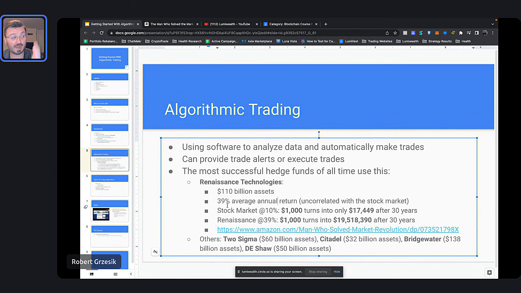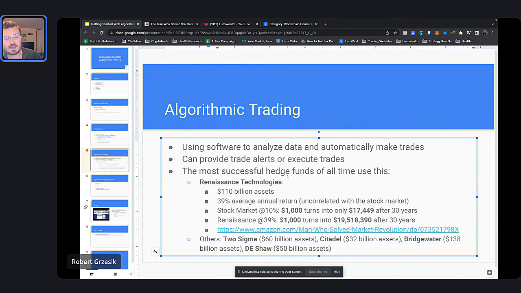Mind you, this is very difficult to do with $100 billion. It's a lot easier to make money if you have like $500,000 or $1 million, but when you have 100 billion, it gets really difficult to make those types of investment returns. But they're still kicking. They still made 150% in 2021, which is incredible.